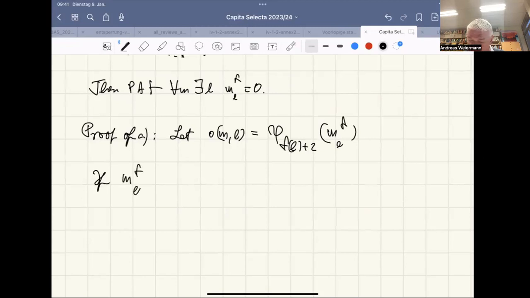If we are not hitting 0, then O of ML plus 1 is what?